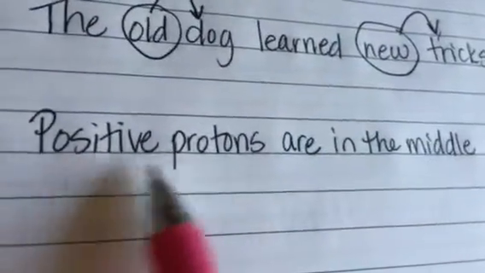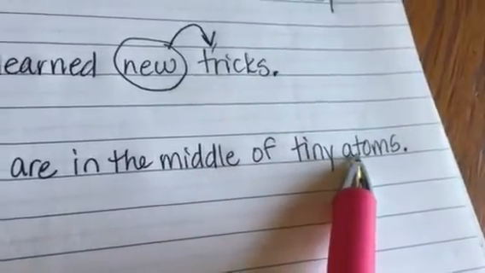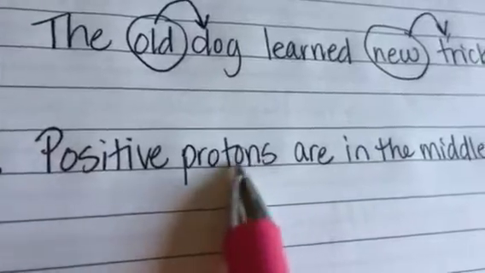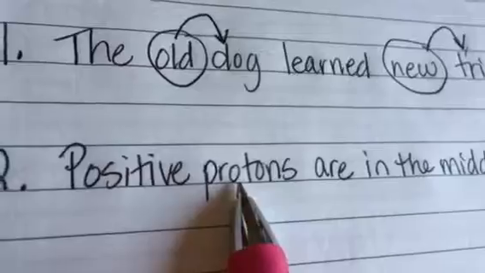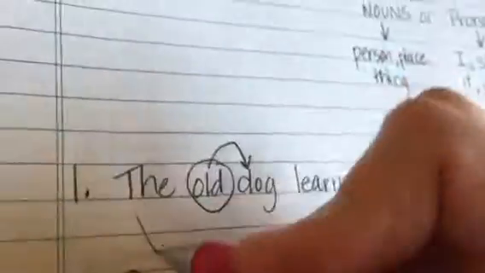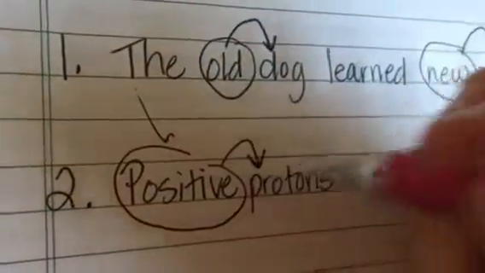So here we have positive protons are in the middle of tiny atoms. So protons are things that are in the middle of an atom. So they are nouns. So what's describing this noun? What kind of protons? Positive protons. So positive is going to be our adjective, and it's describing what kind of protons.